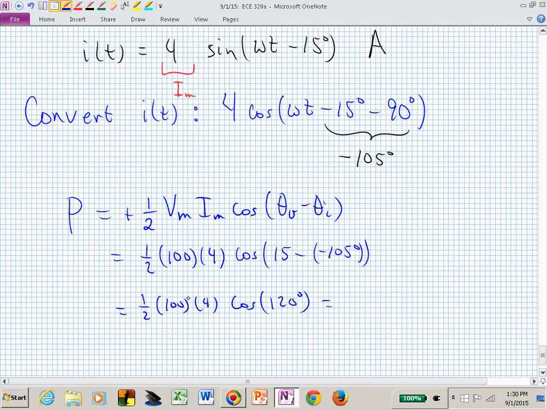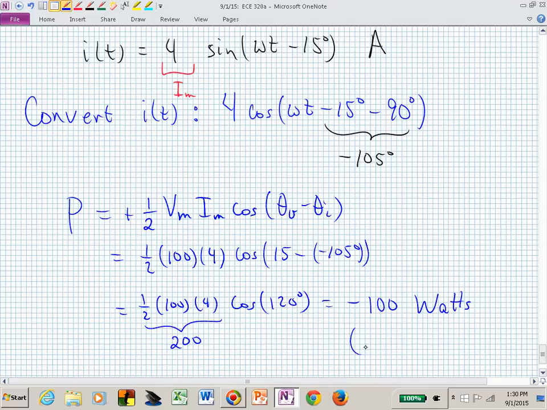Or this is now 400 divided by 2, or 200, cosine of 120. That's a little bit beyond 90, so it's now negative, and it's a half in value. So this is now minus 100 watts.